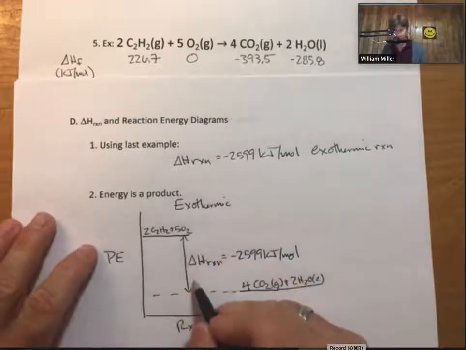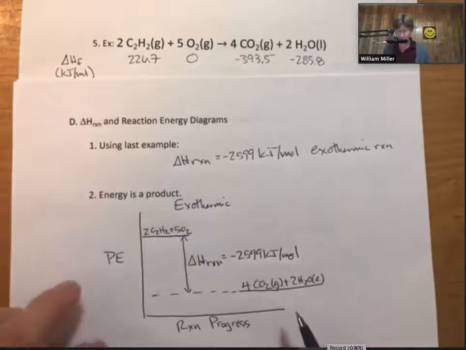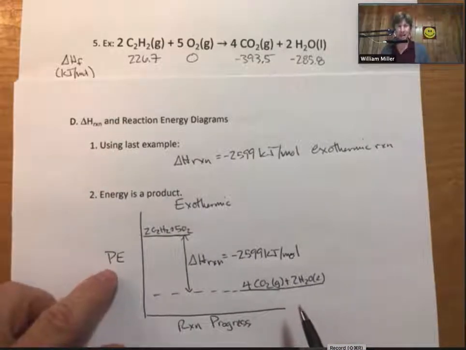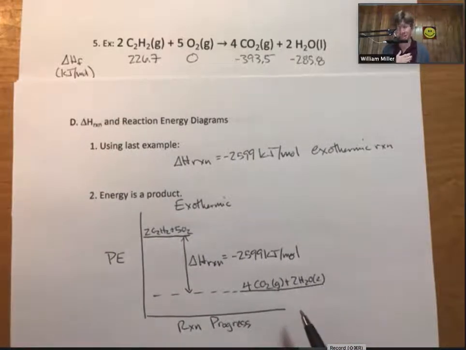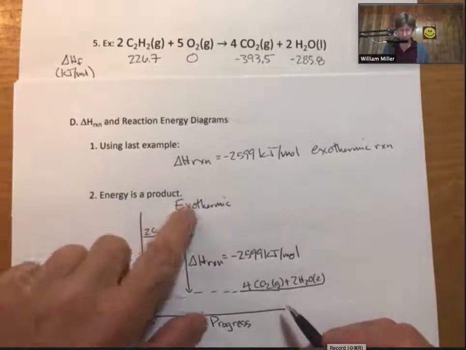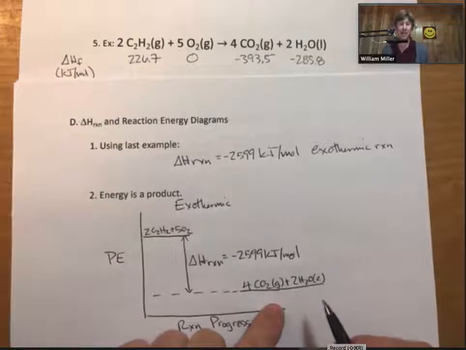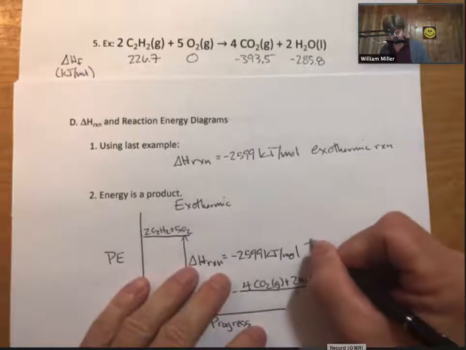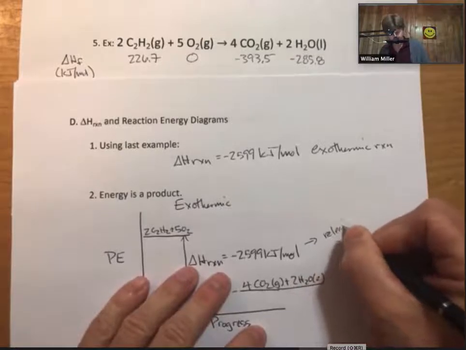What this picture does, it nicely illustrates, at least to me, that the potential energy of the reactants in an exothermic reaction is higher than the potential energy of the products.